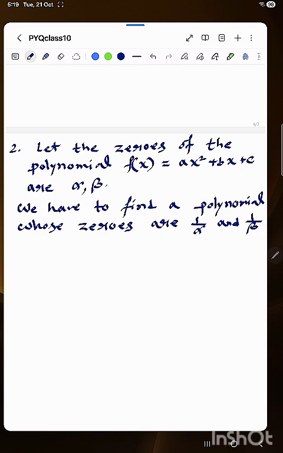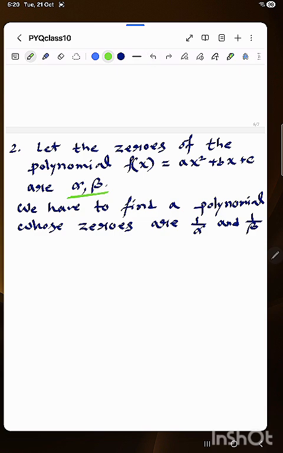now we know that when we are deriving the relation between roots and coefficients, we got that the quadratic equation can be written in terms of two roots, right?